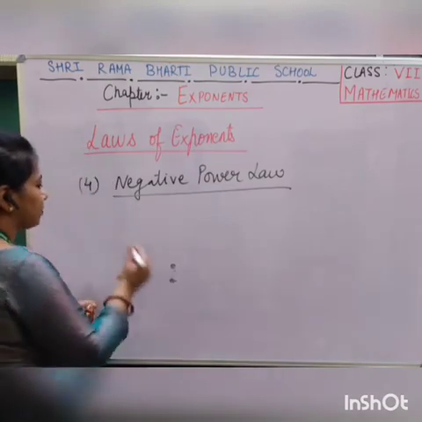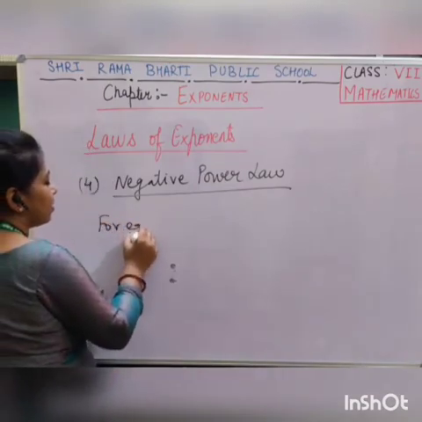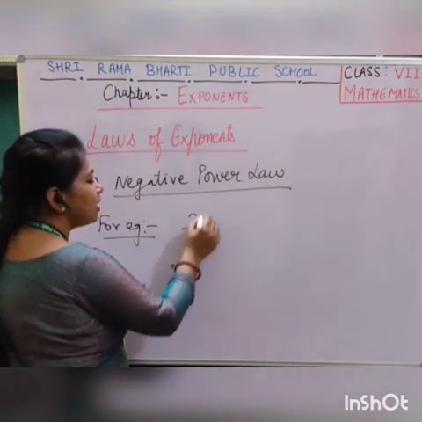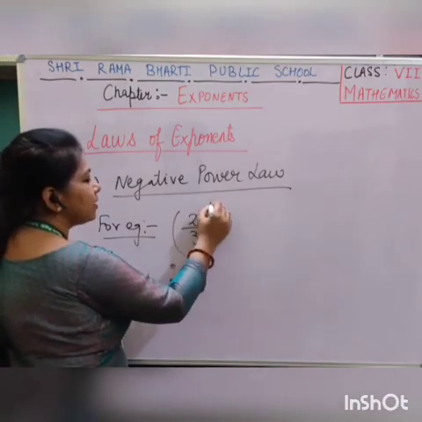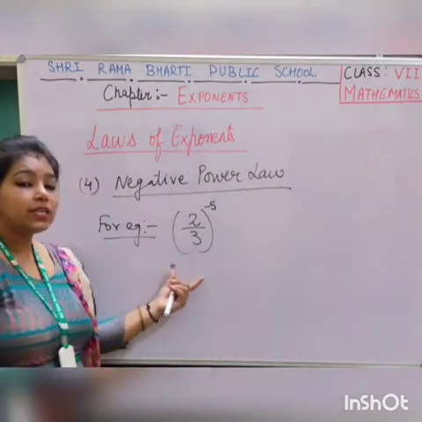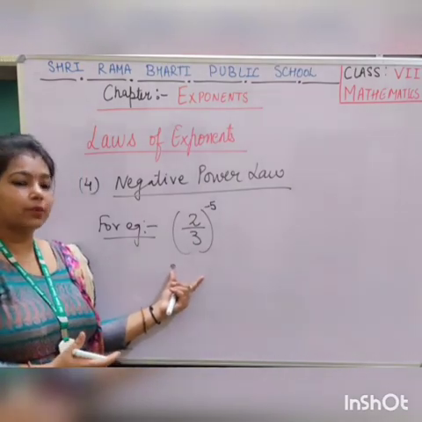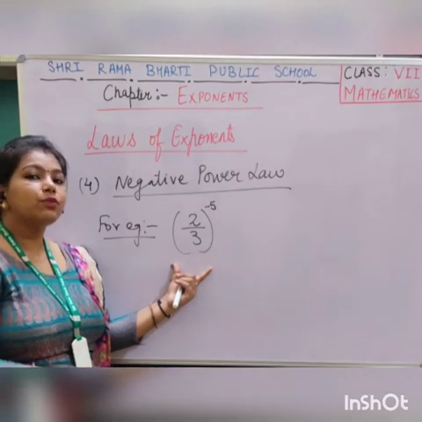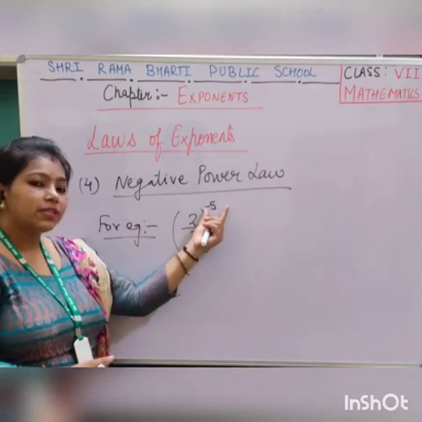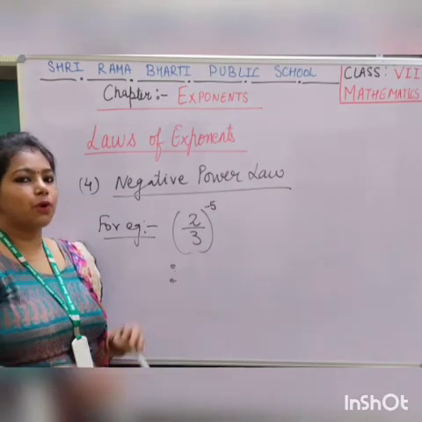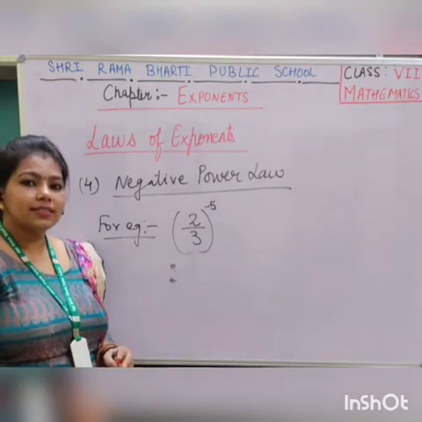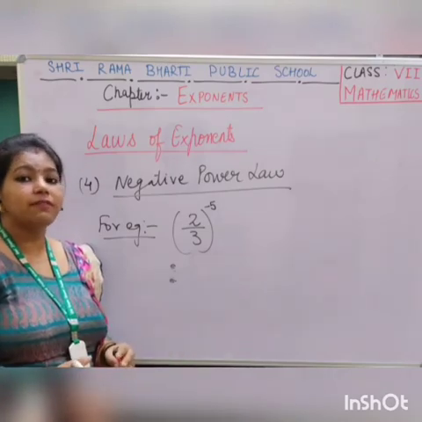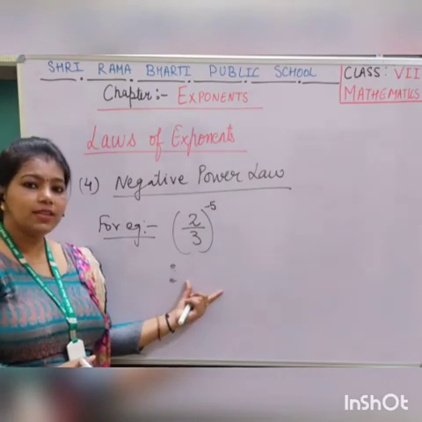Now, a few more examples I'll show you. See, if the number is 2 upon 3 whole raised to the power minus 5, and I want to find the value of this number, first of all I have to convert the power from negative to positive. Until we convert the power from negative to positive, we cannot find the value of the given number.